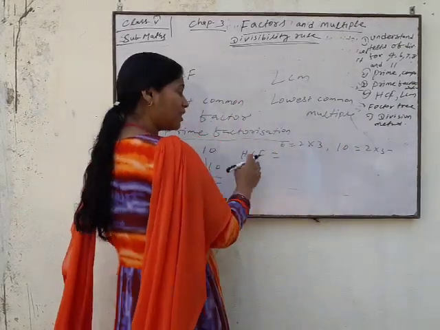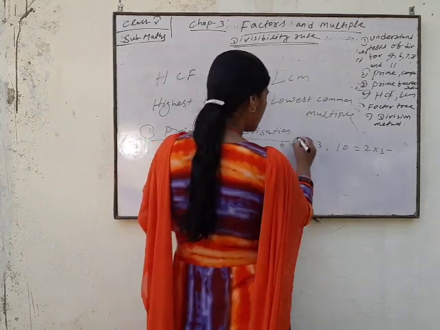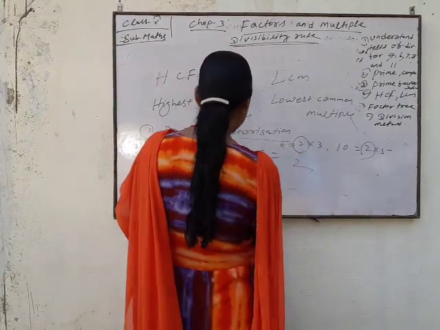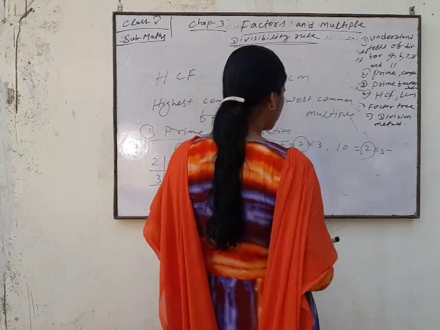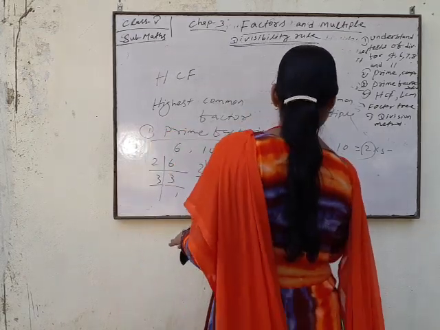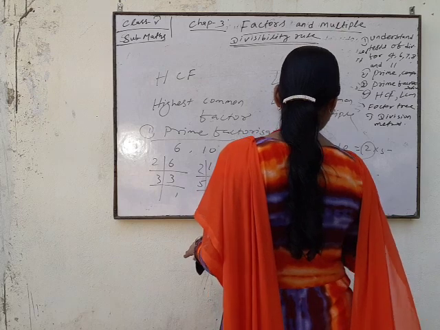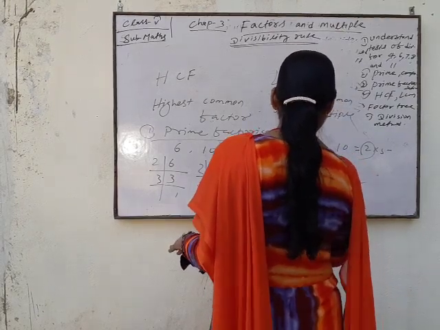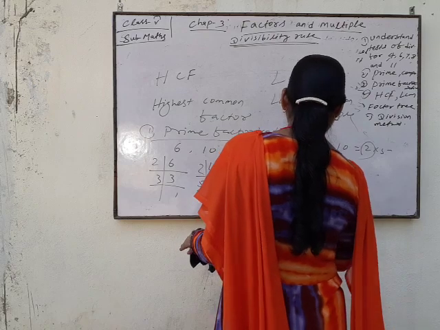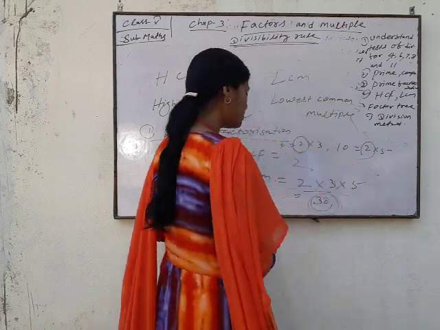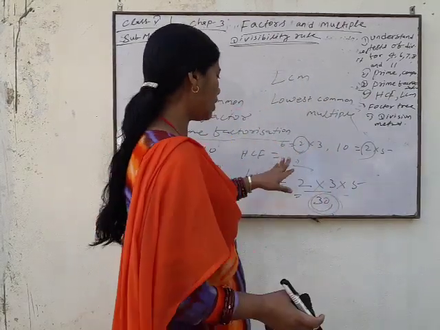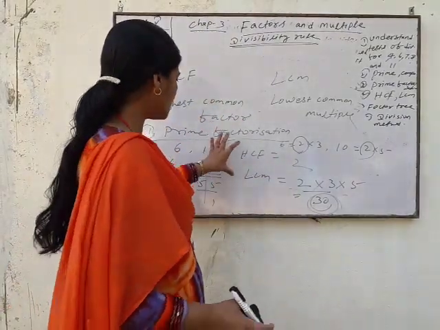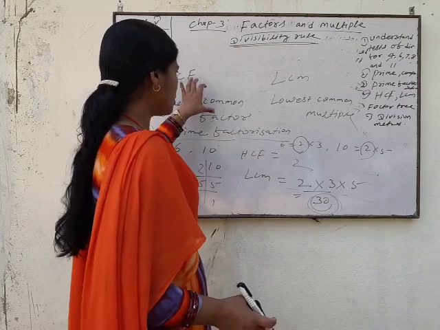HCF is the highest common factor, and the common factor here is 2, so HCF is 2. And LCM is 2 into 3 into 5, which is 30. So 30 is your LCM and 2 is your HCF. So this is the prime factorization method, and by using it we can find HCF and LCM.